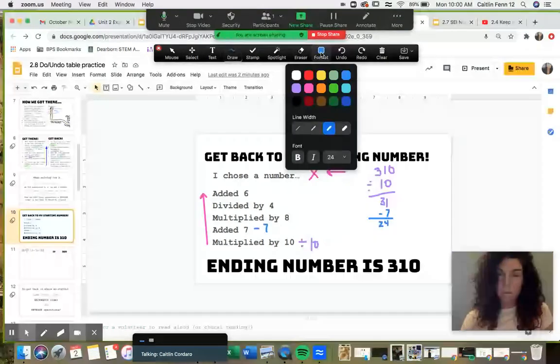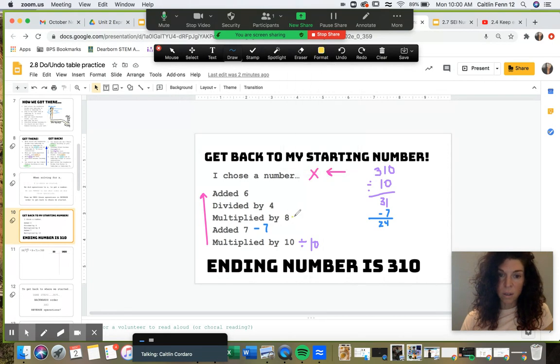Instead of multiplying by 8, we're going to divide by 8. Instead of dividing by 4, we're going to multiply by 4.